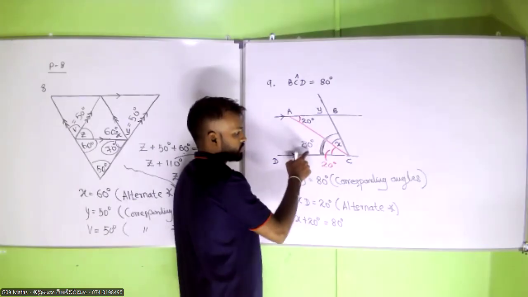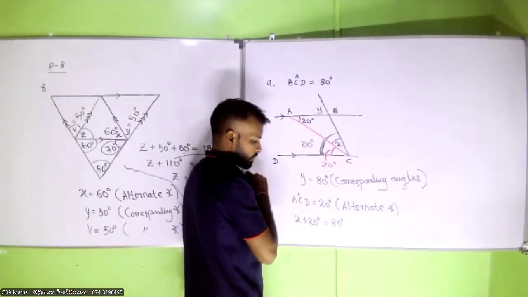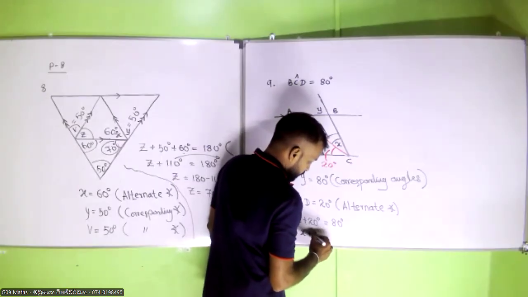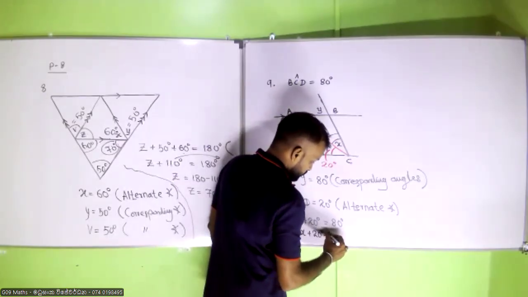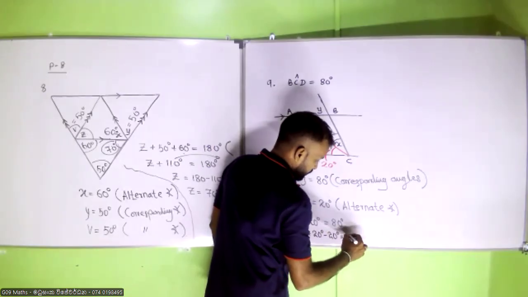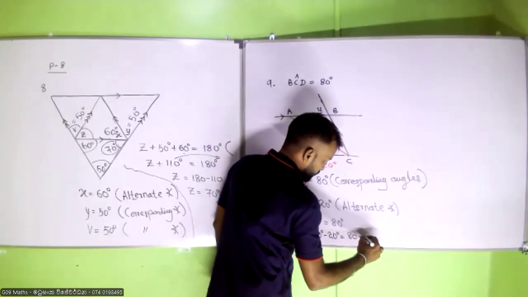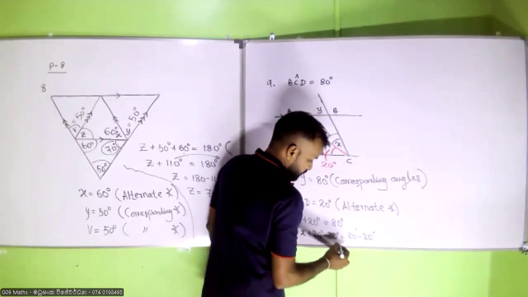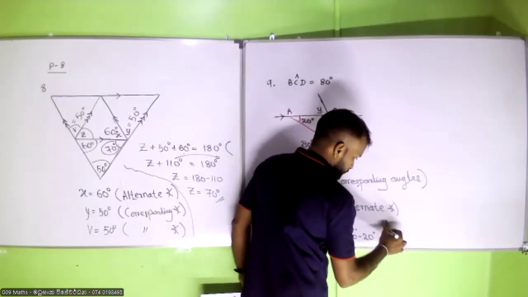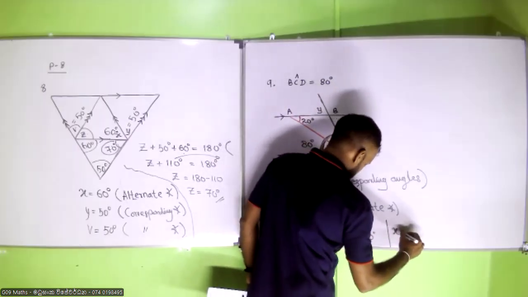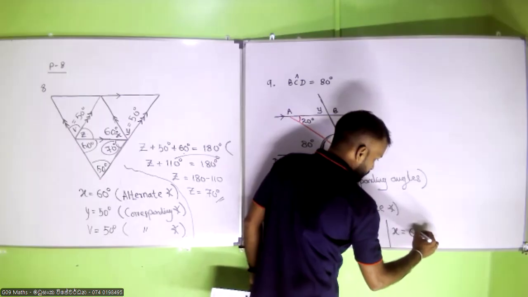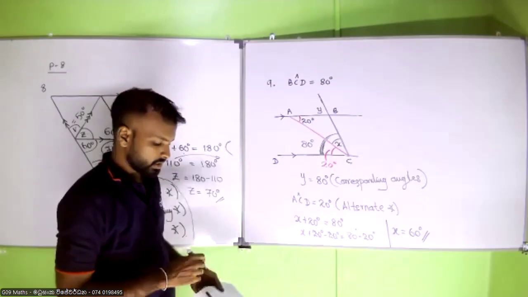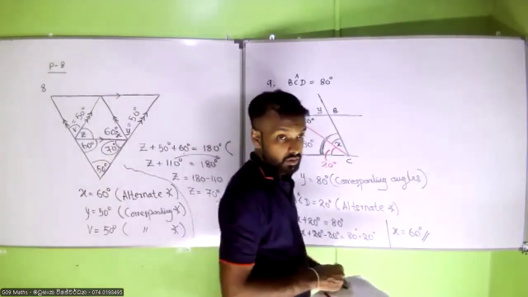Because they have given. So X plus 20 minus 20 equals 80 minus 20. Cancel out. X is equal to 60 degrees. Correct. Understood?